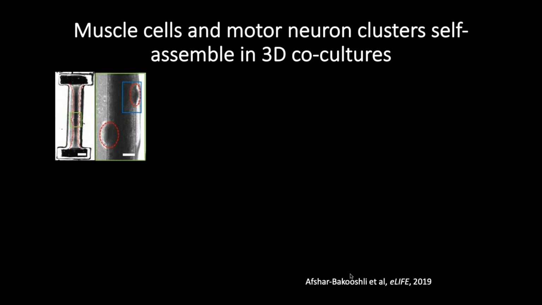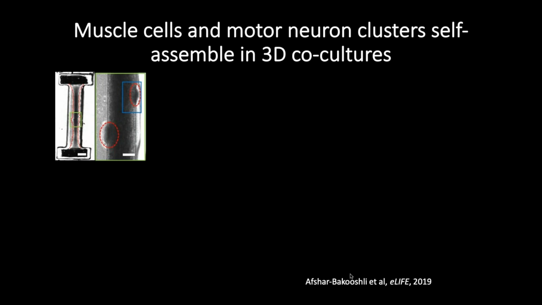Here, the dense portion in the center is the muscle tissue, and just on either side of that muscle tissue, outlined in red, are two little bumps. These are the motor neuron clusters that always like to make their way to the outside edge of these muscle tissues.